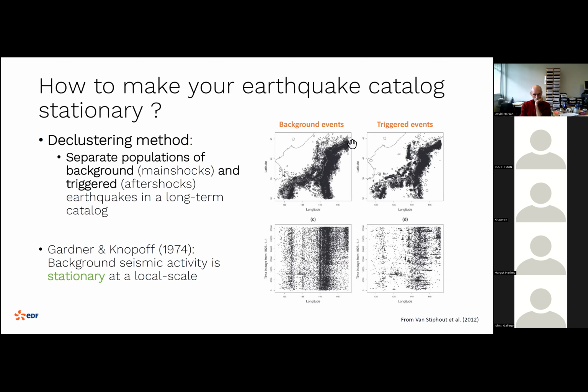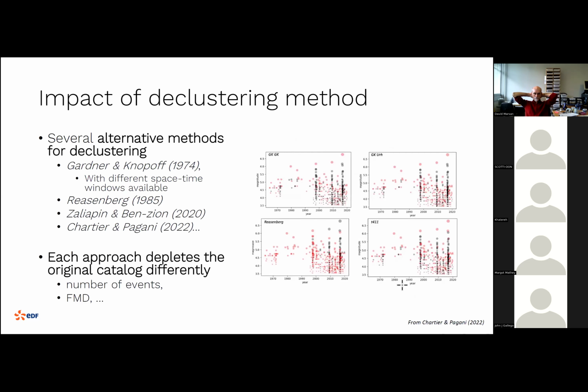You have the map view on the top, and on the bottom a longitude-time representation. It's very clear when you look at the bottom panels that the background events have an activity that's apparently rather stationary in time, but the triggered activity consists of a collection of bursts. So to make your catalog stationary, we use declustering techniques.